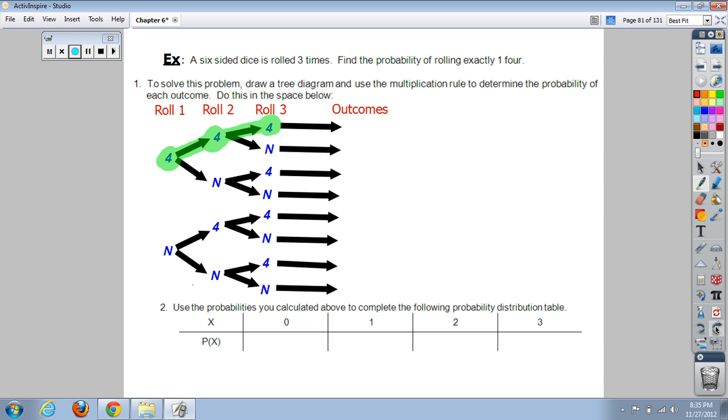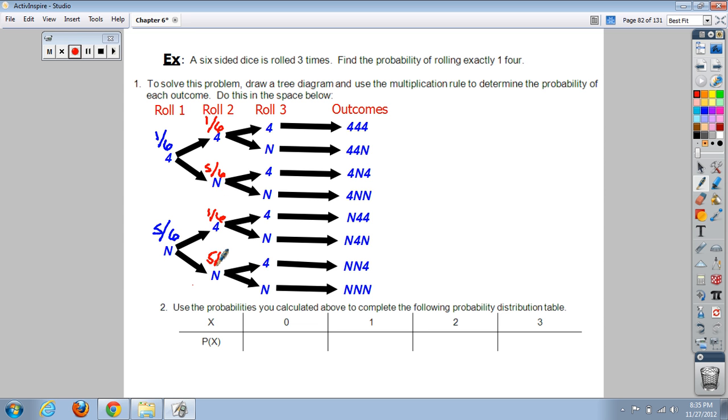So let's backtrack a little here. There we go. So the probability of rolling a 4 on a 6-sided die, you've got a 1 in 6 chance, which means you have a 5 in 6 chance of not rolling a 4. And so rolling this 4, 1 in 6, not rolling a 4, 5 in 6, 1 in 6, 5 in 6. And I don't really have enough space to write the 1 out of 6, and 5 out of 6 there. But you get the idea.